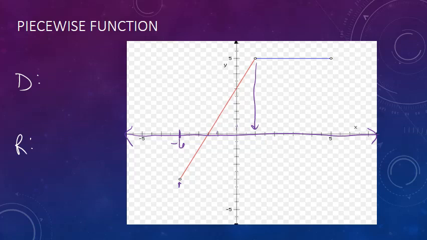Open circle means it is not defined. So at 2, we have a break there. So far, our domain is going to be from, since negative 6 has an open circle, it is not included. So it's from negative 6 to 2. 2 is also not included because of the open circles here.